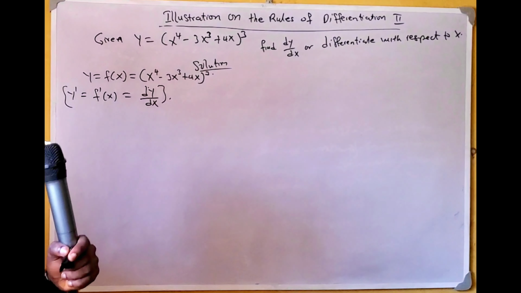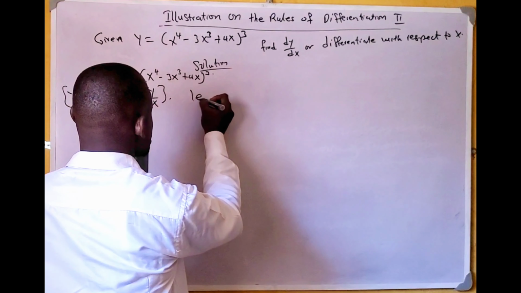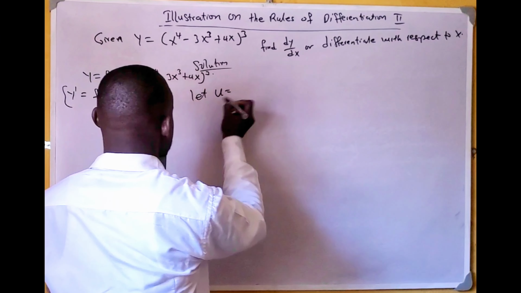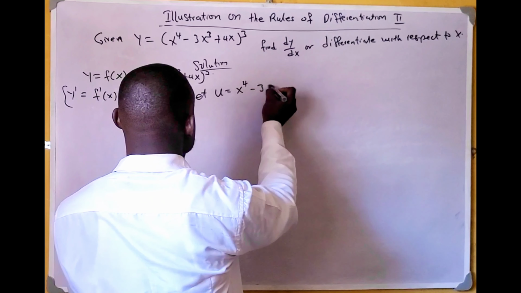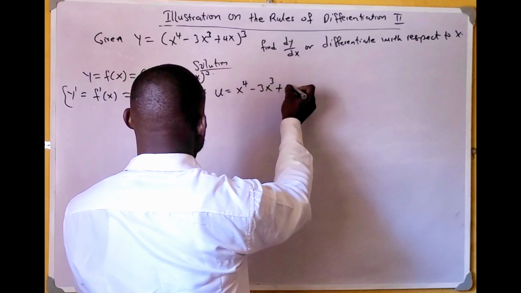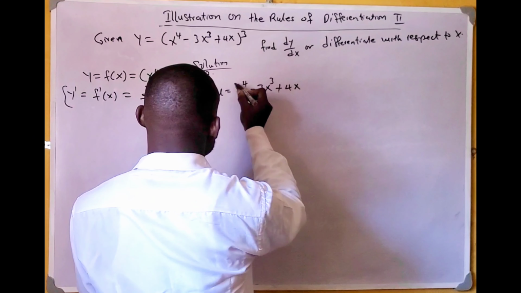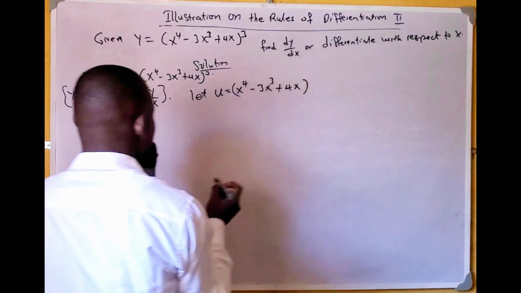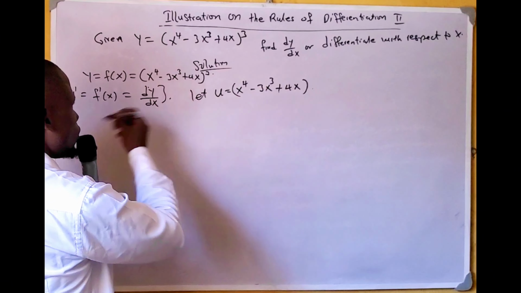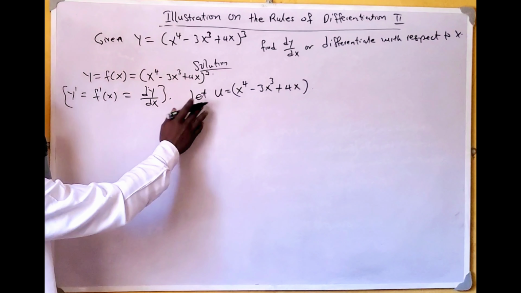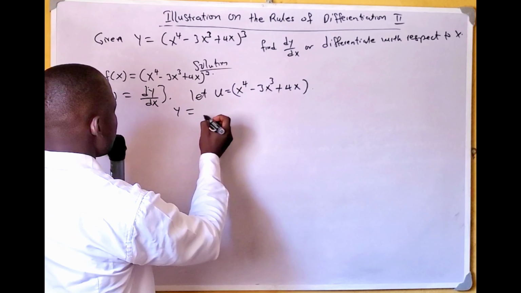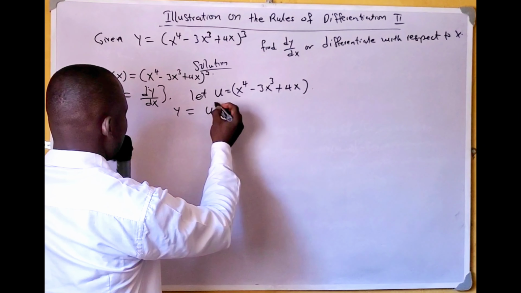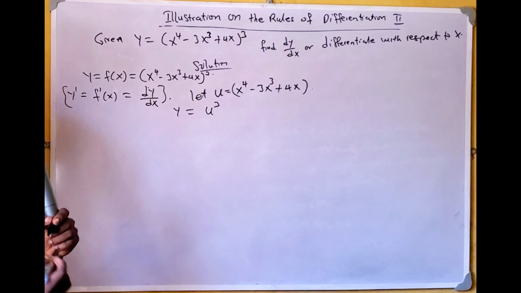Now, for me to do this, first thing, let u equal x raised to power 4 minus 3x raised to power 3 plus 4x. Let this be our u. And if this is our u, then what will y be? If this is u, then our y will be equal to u raised to power 3.